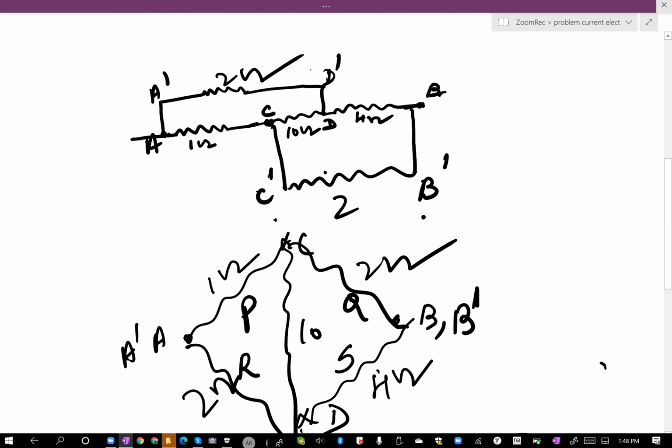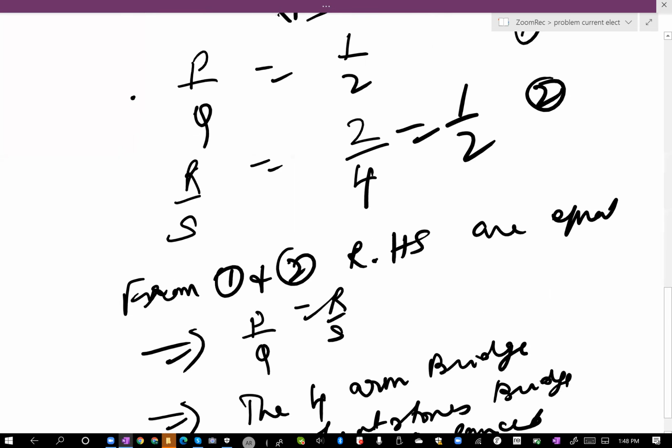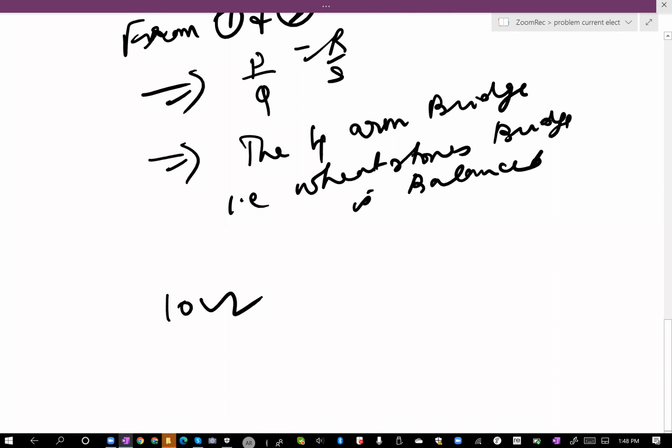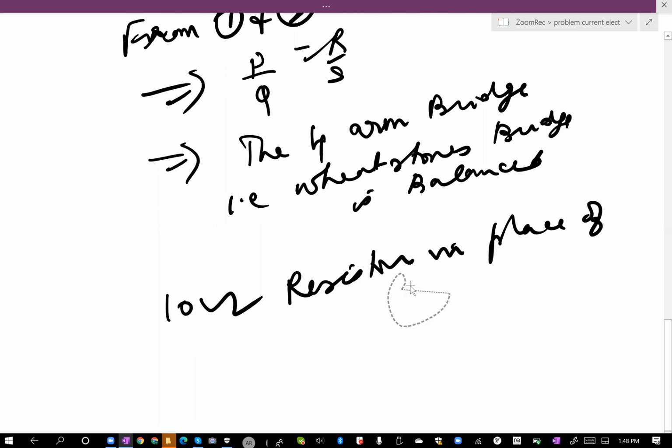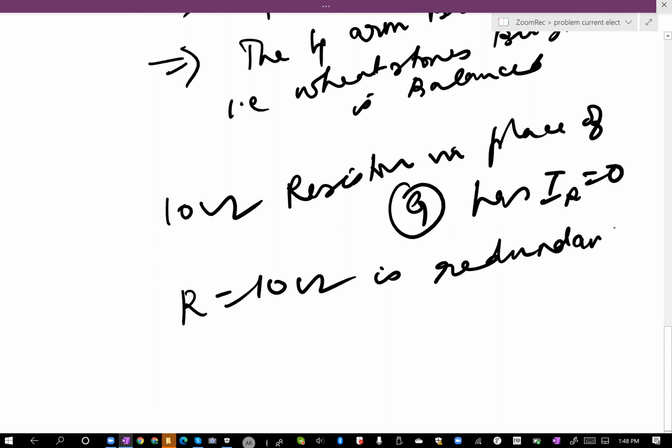What comes at the center is redundant, and therefore the 10 ohm resistor, in place of the galvanometer, has zero resistance, as I_G R equals 0. Therefore, the 10 ohm resistor is redundant from the circuit. You don't have to connect that. Don't have to consider that.